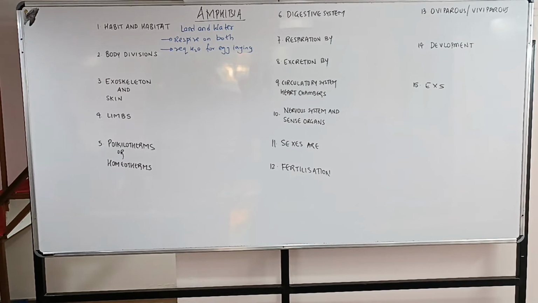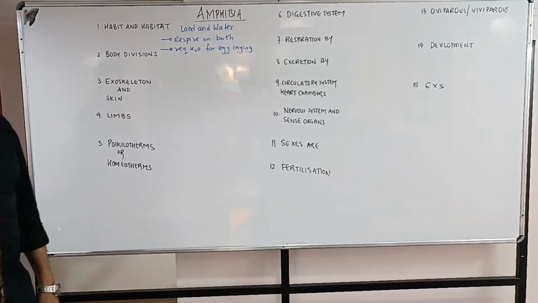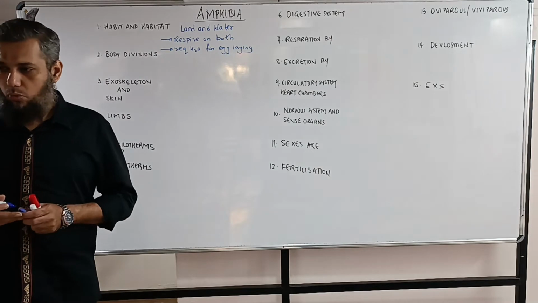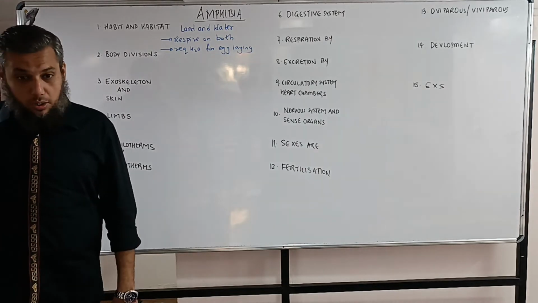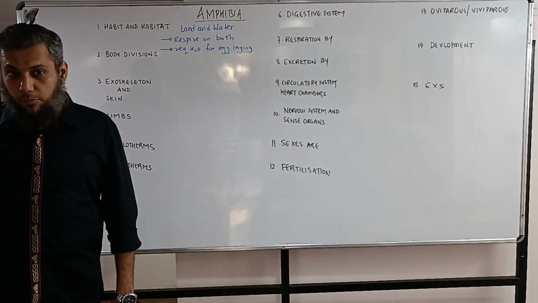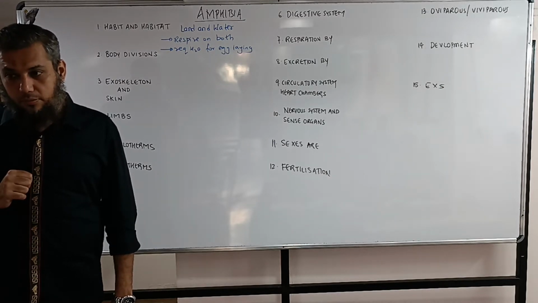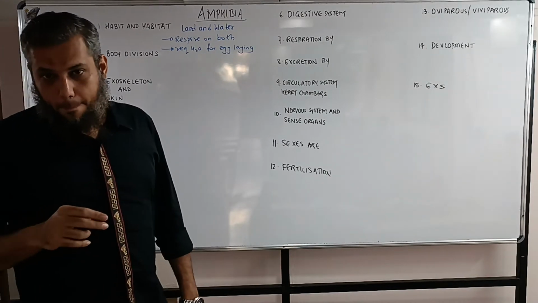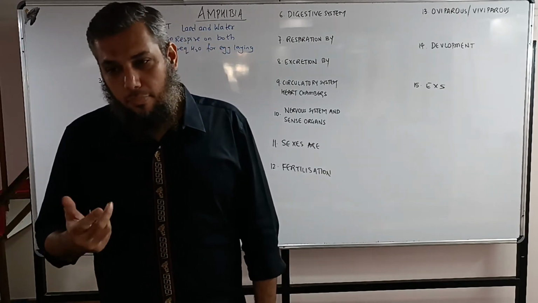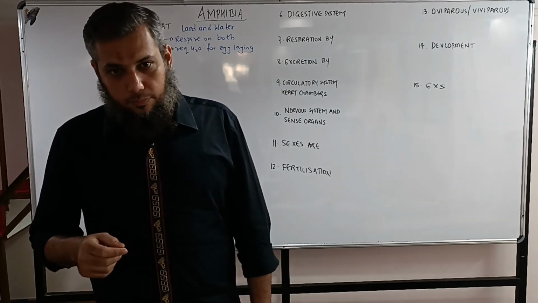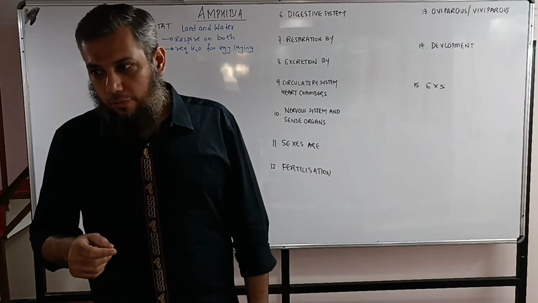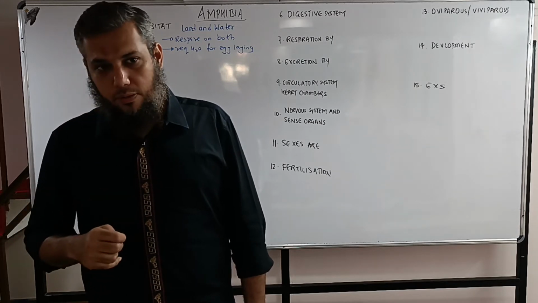Shellless. Body divisions. How many parts you can divide their body into? Remember frog? We have divided the body into how many parts? We are divided only in 2 parts.